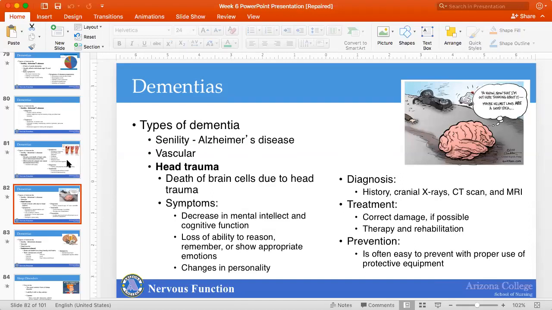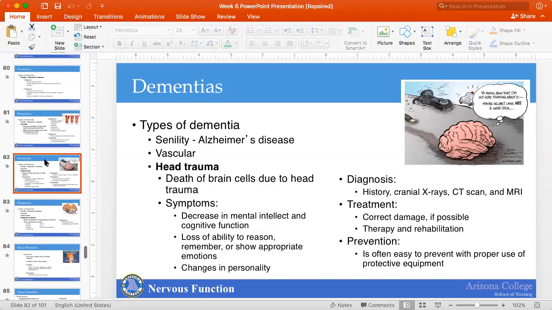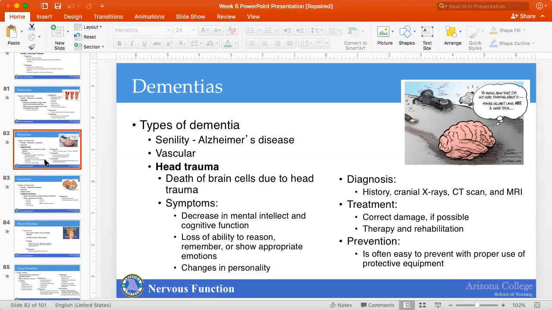Head trauma, death of brain cells due to head trauma. Symptoms: decrease in mental intellect and cognitive function, loss of ability to reason, remember, or show appropriate emotions, and changes in personality. And this could be from a vehicular accident or sports, it could be anything, any kind of direct trauma to the head.